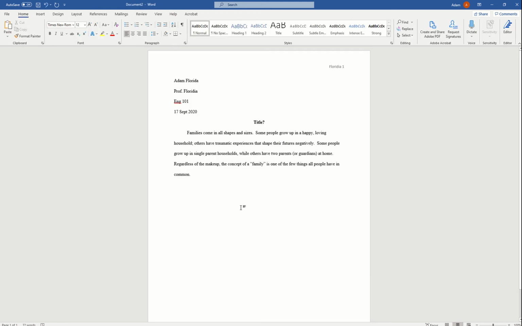So I'm going to say, in Celia Rothenberg's article, Child of Divorce, she writes about what it was like growing up after her parents divorced.